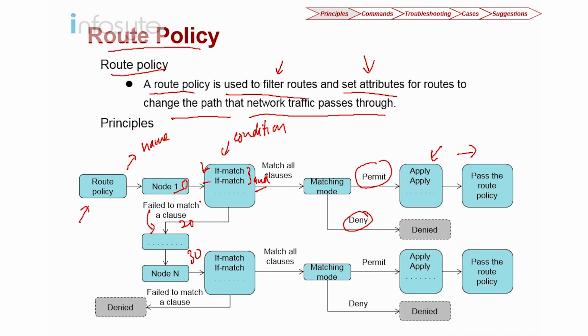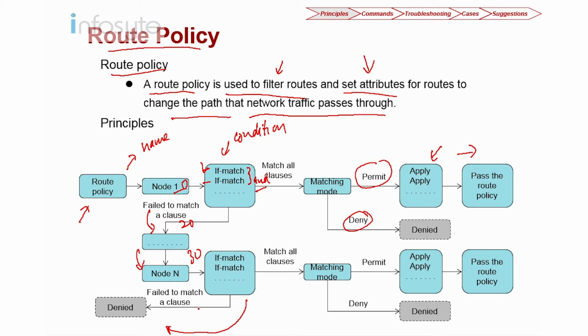If the first node is not matched, then you will move on to the second node, and so on. If you move to the last node, again, it uses the same process to do the matching and applying. If this is the last node in your route policy and none match, then automatically it will go into the deny.